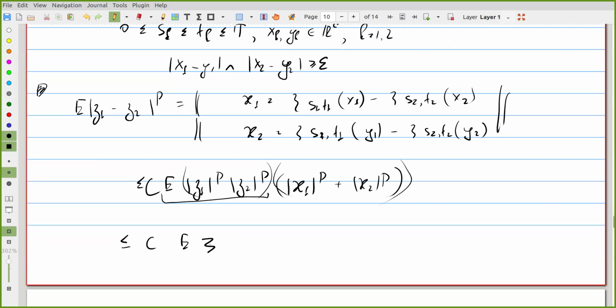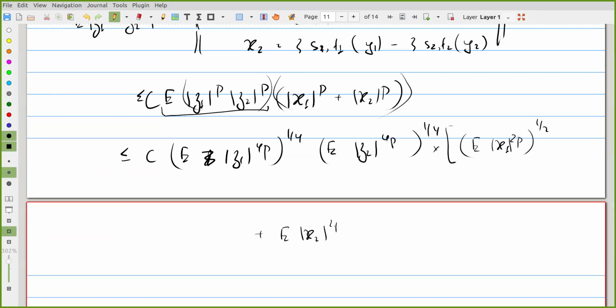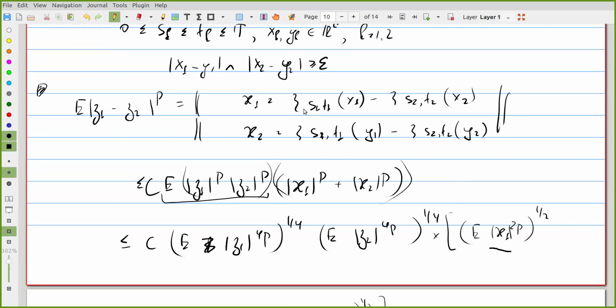So this will produce the expectation of Z1 to the power 4p to the 1/4, the expectation of Z2 to the power 4p to the 1/4, times the mathematical expectation of kappa 1 to the power 2p to the 1/2 plus the mathematical expectation of kappa 2 to the power 2p to the 1/2.